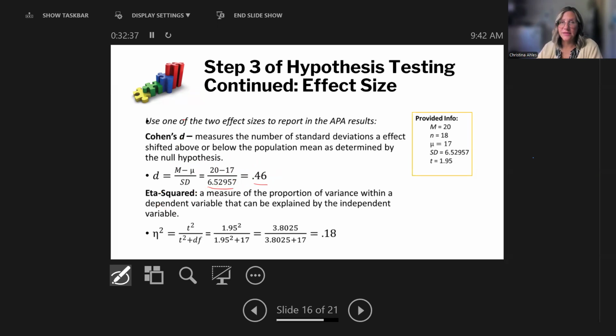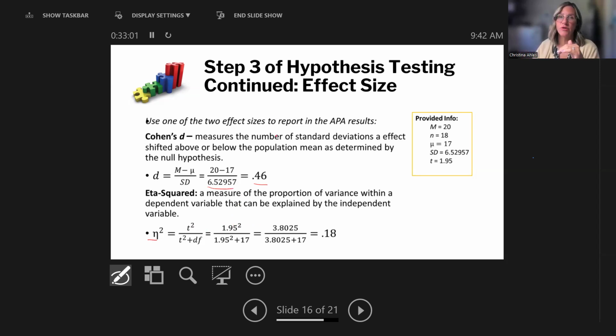And then there's eta squared. Eta squared, again, remember these are the obtained test statistics. So 1.95 squared. If this was a negative, like a negative 1.95, when you put it in your calculator, you might want to drop the negative, because unless you put parentheses in a perfect way, it's going to hold the negative, and they shouldn't be.